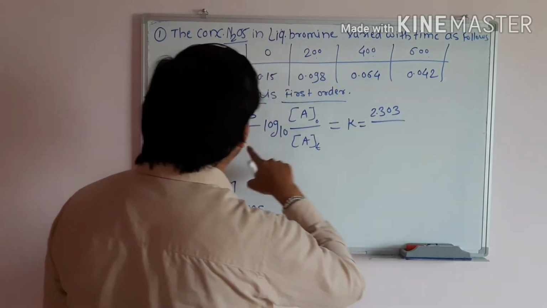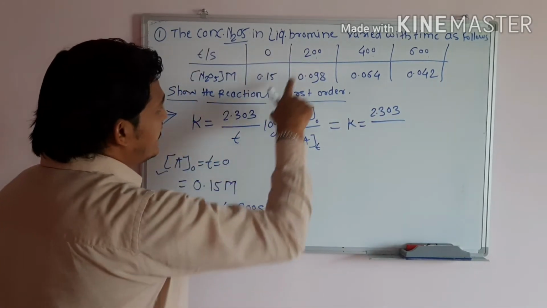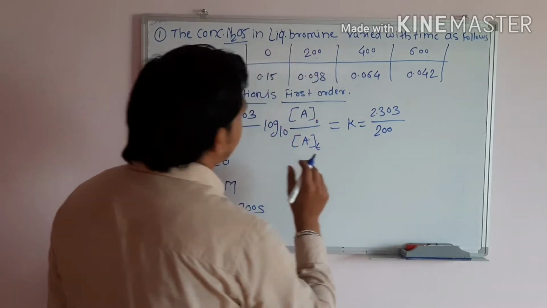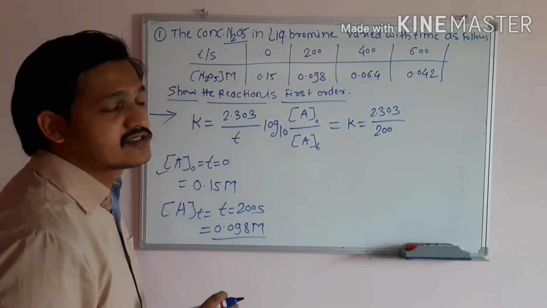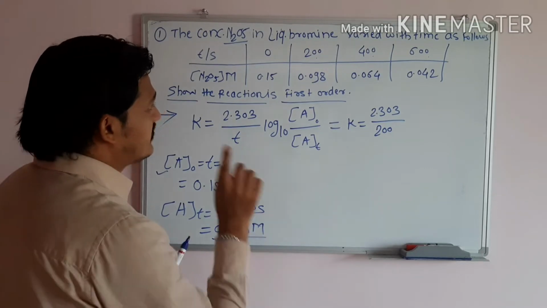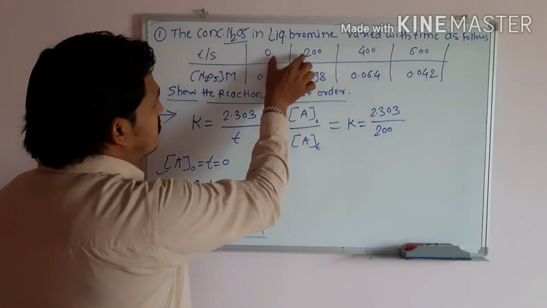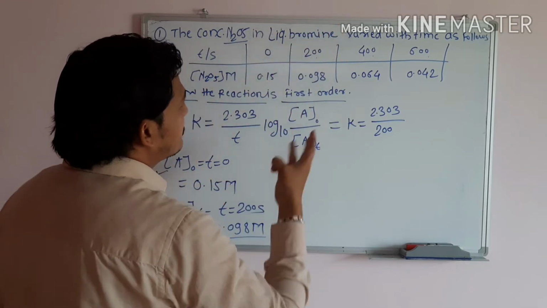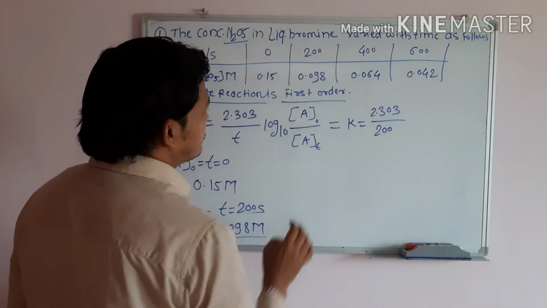K is equal to 2.303 divided by T, where T indicates 200 second, because we have to solve stepwise between the limits 0 to 200, then 0 to 400, then 0 to 600.